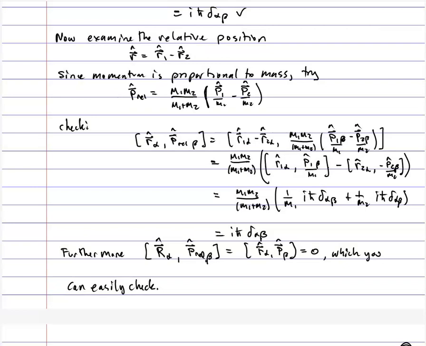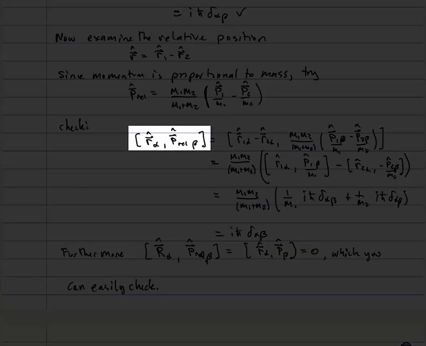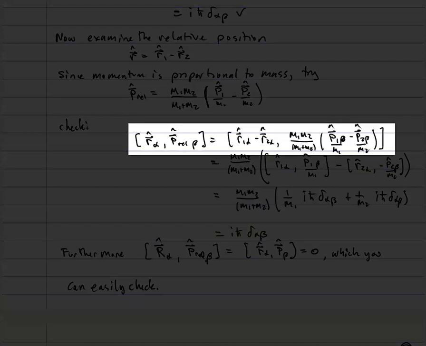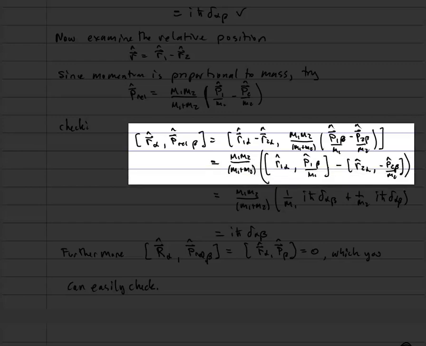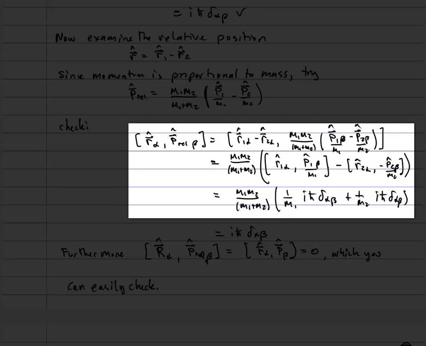All right, but again, the real test of this is to test the commutation relation. So we're going to look at the commutator of little r alpha with little p rel beta, and we just plug in the definitions. We group the terms that correspond to the one particle and to the two particle. We can factor out the relevant constants. And then what you see is I'm going to get a net of 1 over M1 plus 1 over M2 times i h bar delta alpha beta.